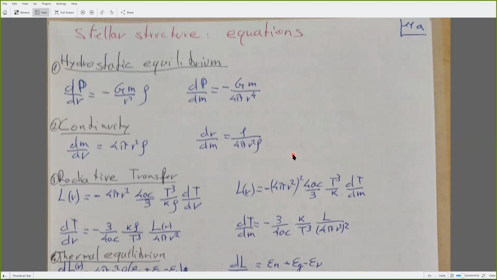We put together the equations and started to use them to see how a star can behave and try to describe a star mathematically, to see, according to its mass and composition, what its radius is, and the behavior of the pressure, temperature, density inside, and so on.